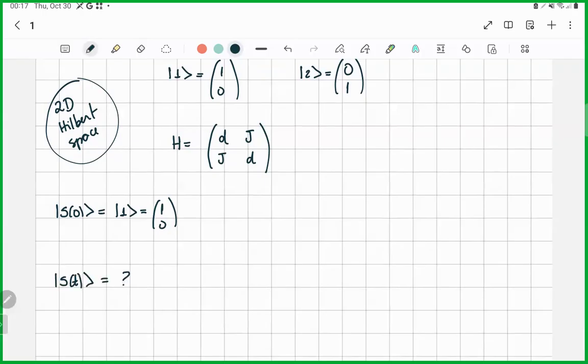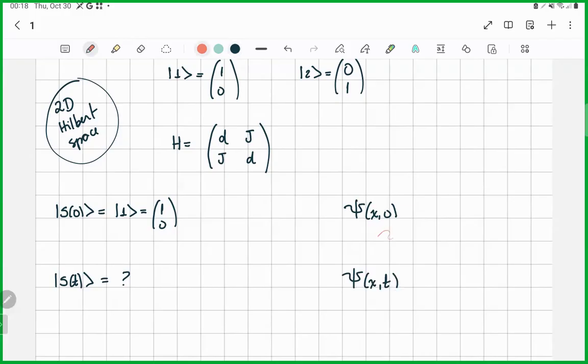Okay, well, what are we going to do here? The same thing that we used to do since the beginning of chapter 2. What did we do in chapter 2? Well, we would have a certain initial state, and then we would want to find the state later in time.